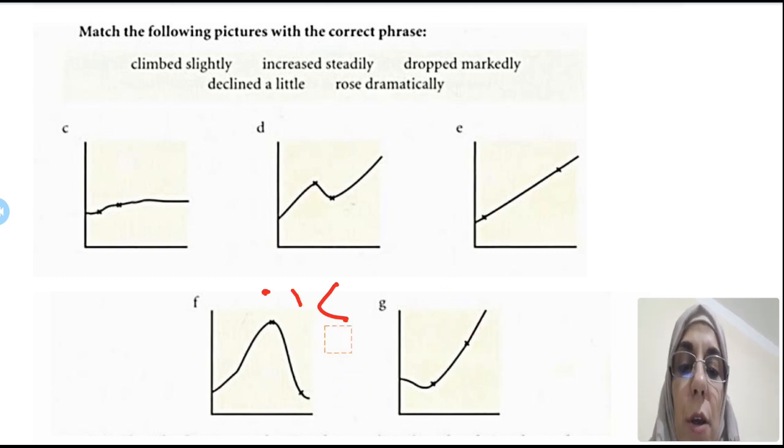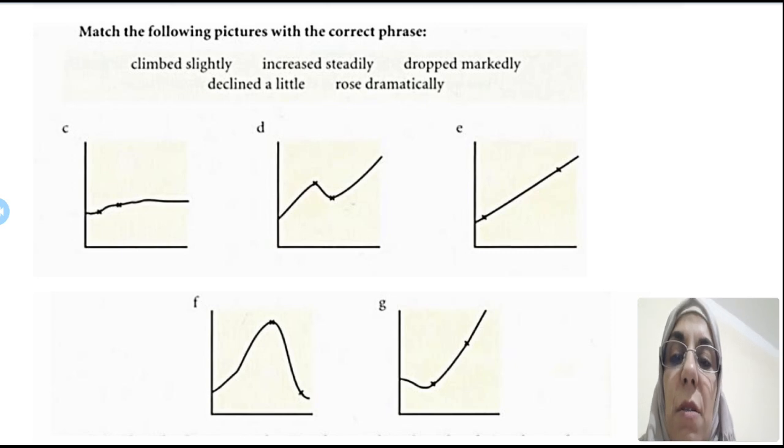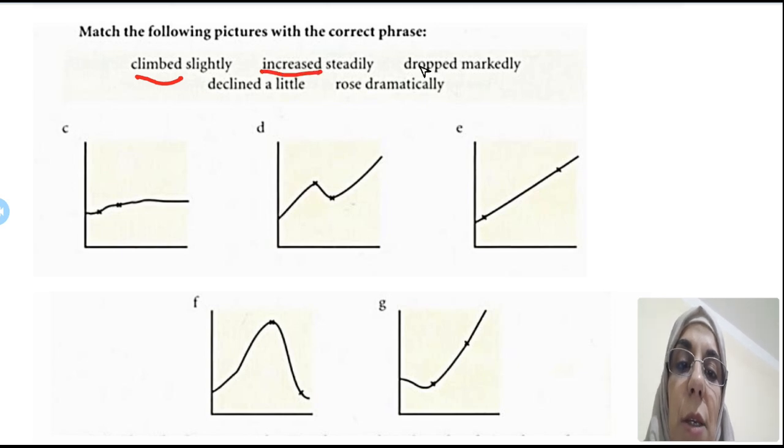Well, look at the use of the verbs here. All verbs are in the past simple, describing possibly a situation that happened in the past. Climbed, declined, increased, rose, dropped.